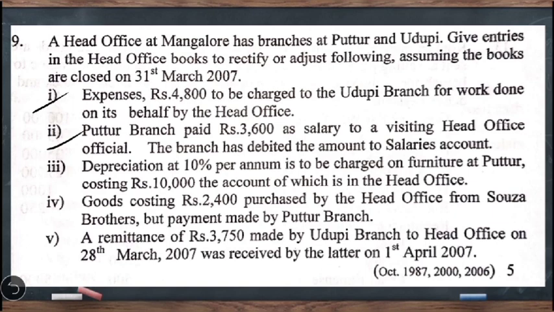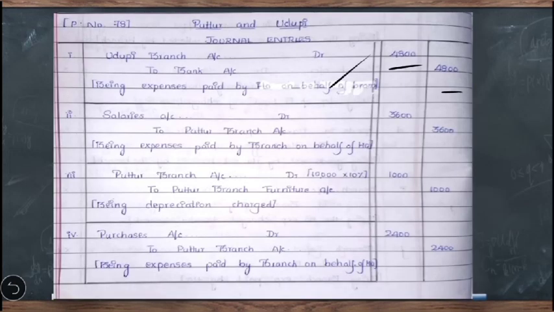Now it is as good as head office expenses has been paid by the branch on behalf of the head office. In that case, the entry will be concerned payment account debit to branch account. So here, what is the concerned payment? Salary. So the entry will be salaries account debit to Puttur branch account. The amount of salary paid is 3,600.